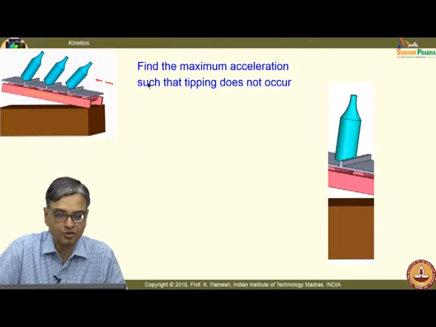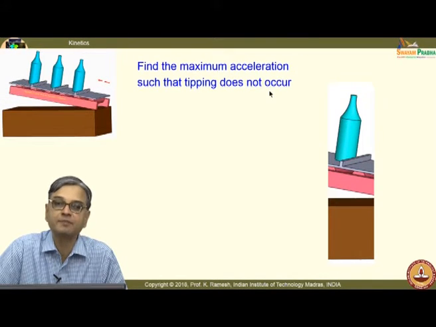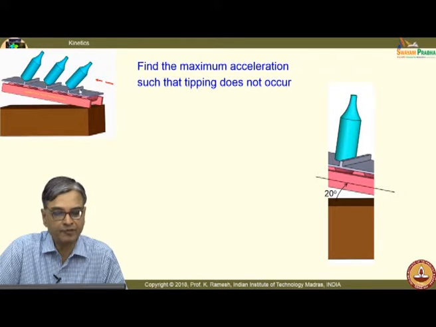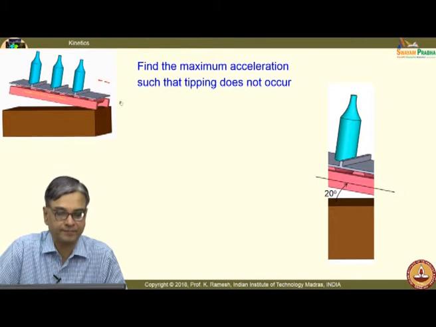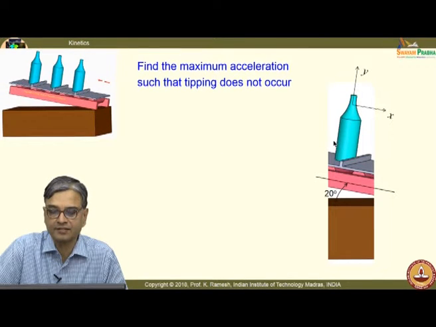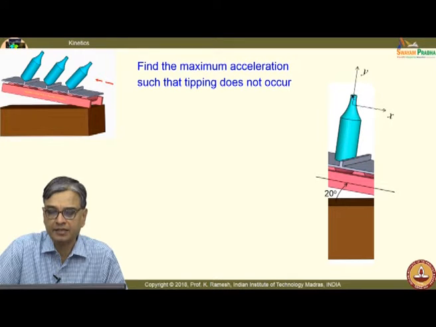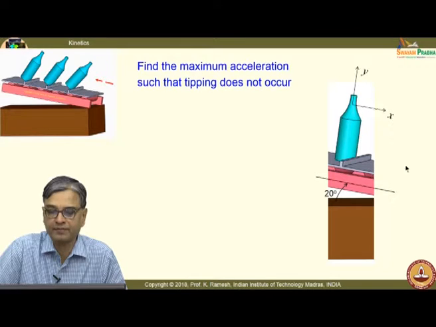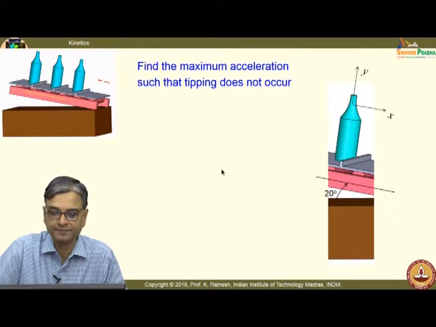And so, the question is to find out the maximum acceleration, and we need to put the free body diagram of the bottle, and we have to investigate for tipping. And we have learnt in statics how to investigate for tipping, and it is easier to take the coordinate axis parallel to the conveyor belt and perpendicular to that.